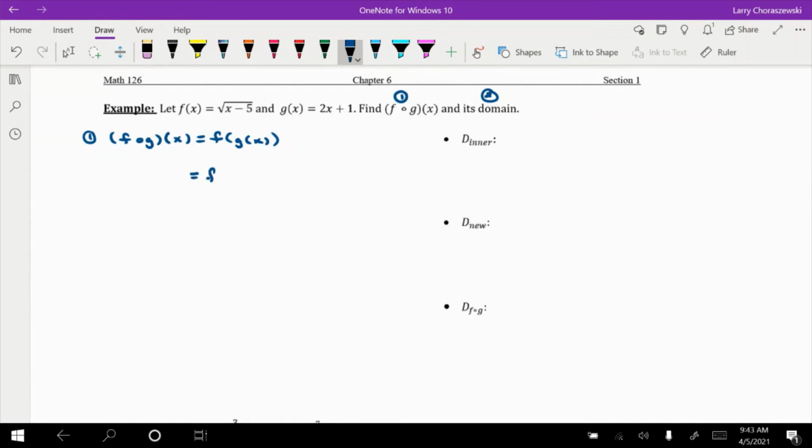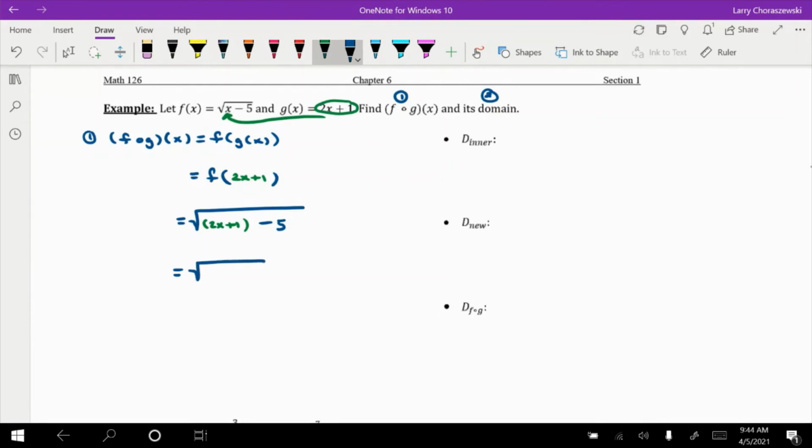Okay, so here's what we're plugging into the function f of x. It's the expression 2x plus 1. So if this is going to go inside of the square root, 2x plus 1, and then the minus 5.